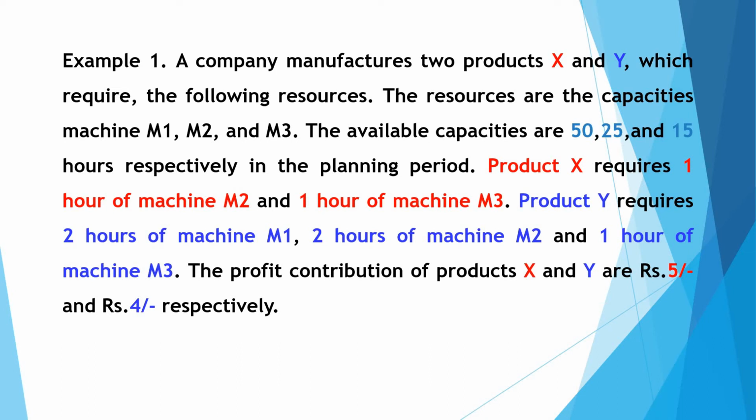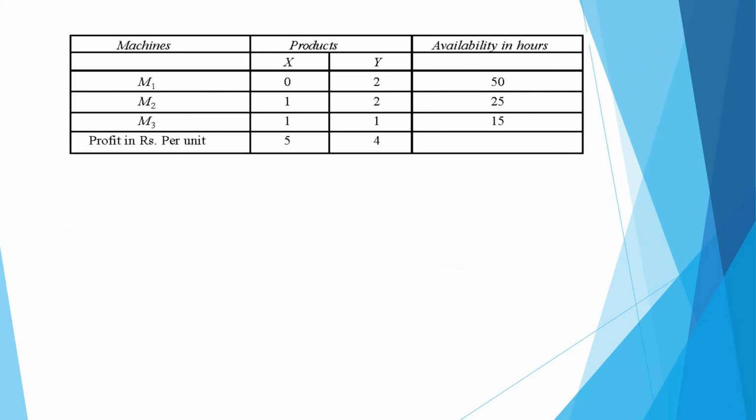If I sell 1 unit of product X, I will get 5 rupees profit, and on selling product Y, I will get 4 rupees. So let us tabulate this data in a table.